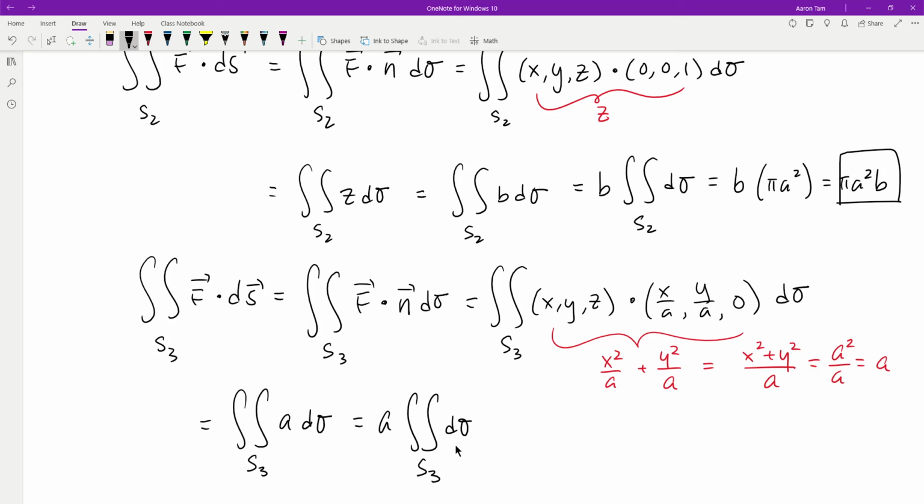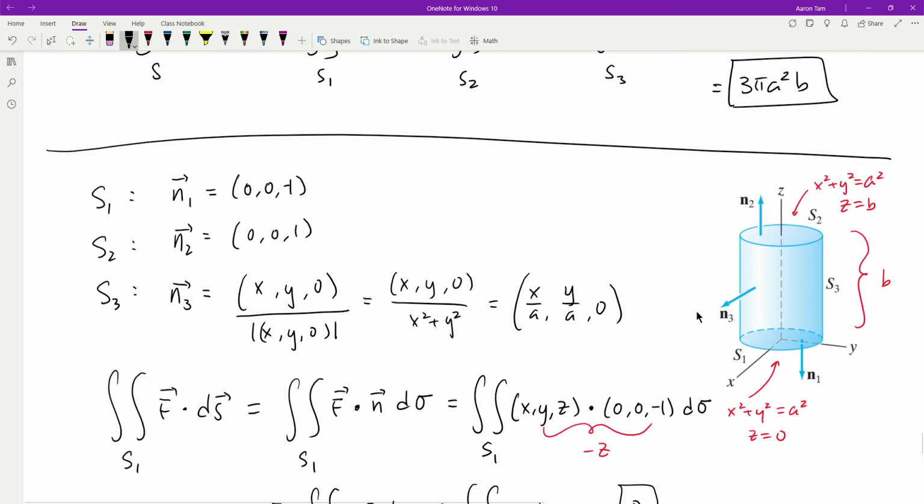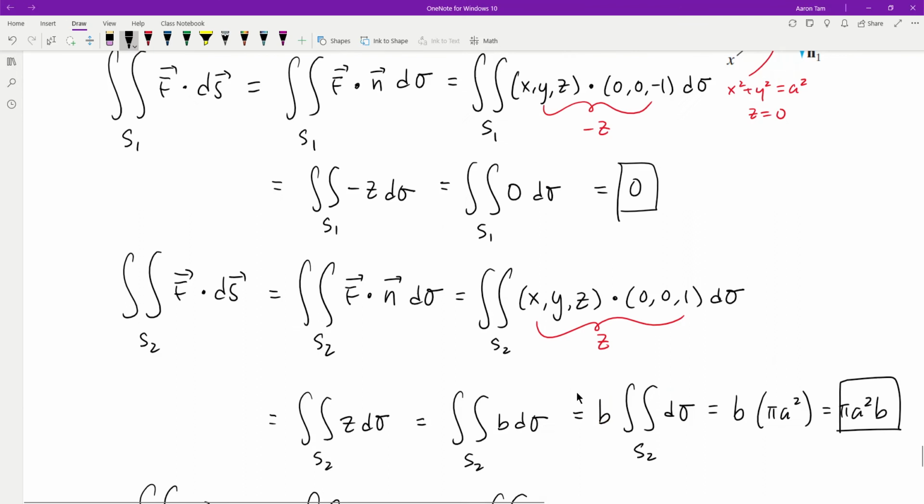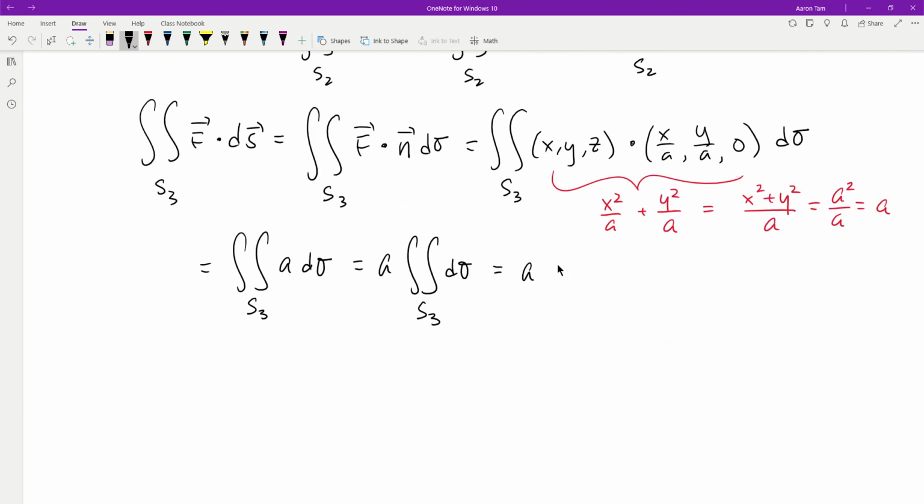The area of S3, which is basically the lateral area of this cylinder. If you hopefully remember, the formula for that is 2 pi r h, which in this case is 2 pi a b, and that comes out to be 2 pi a squared b.